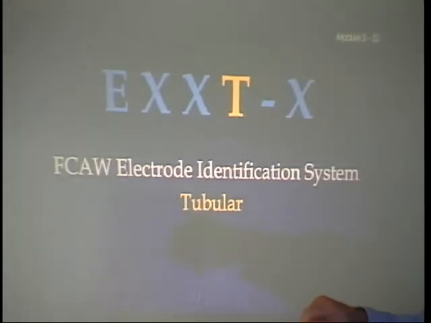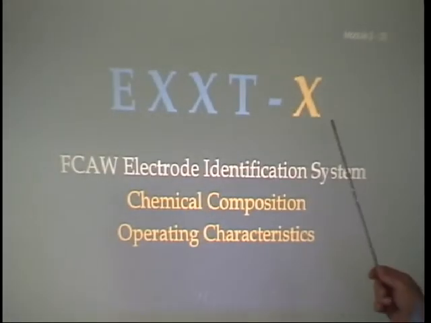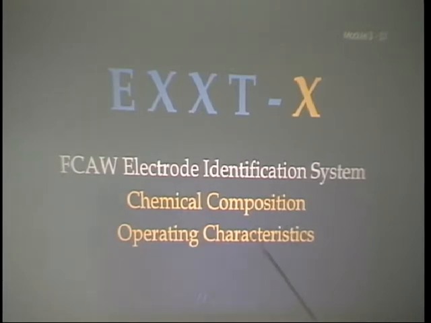Remember, with solid wire, it had an S for solid. X, chemical composition and operating characteristics. Exactly the same as with stick rod. That last number in stick rod in 6010, the 0 means chemical composition, operating characteristics. Exactly the same as 7018. The 8 means chemical composition, operating characteristics. Here that suffix, that last number, is going to be chemical composition and operating characteristics.